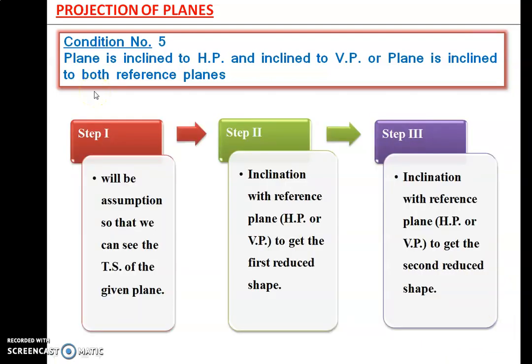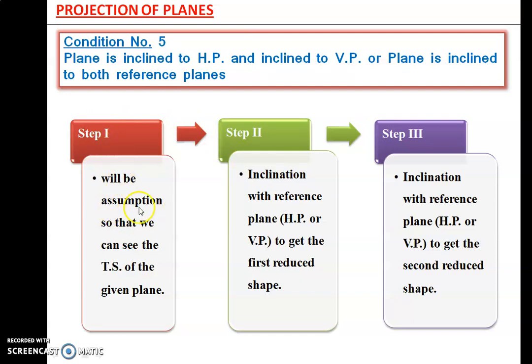So here again I am carrying the condition we are studying so that it will be easier for you. Now step 1, step 2, step 3. It is simple. If you just remember all the things we are discussing here, it will be very easy for you to solve the problems. So what is step 1?